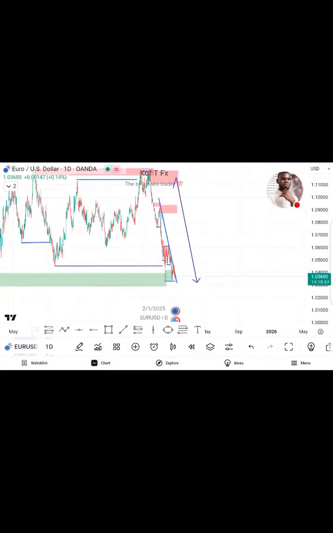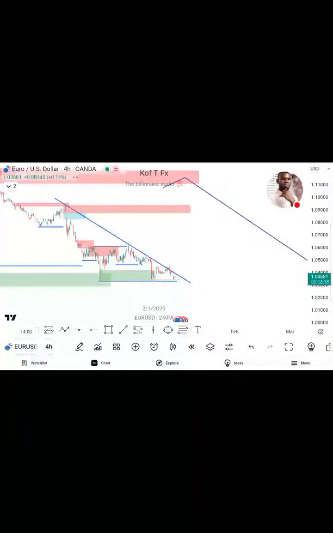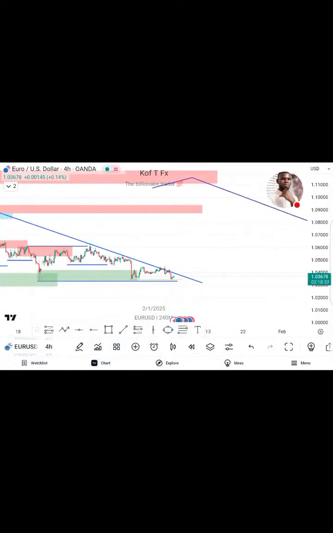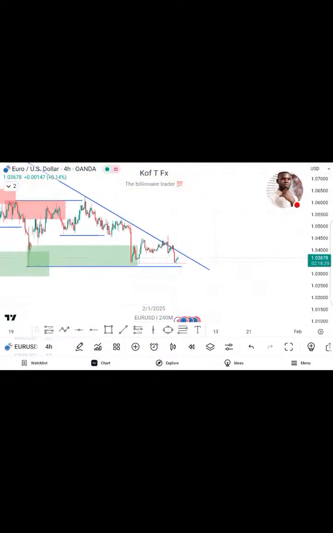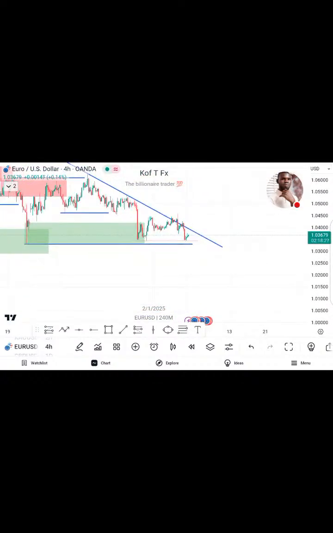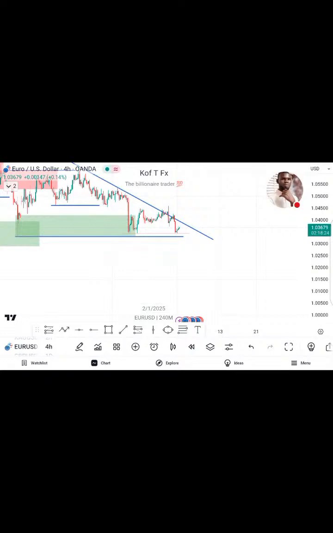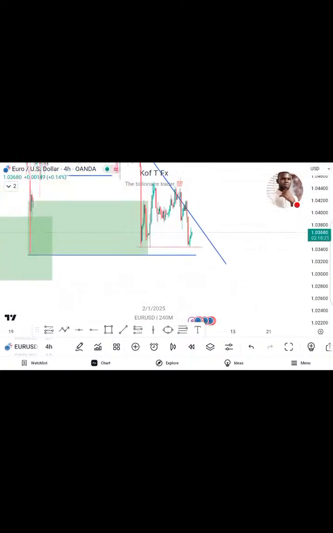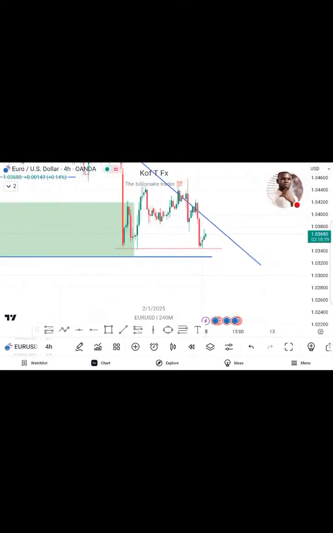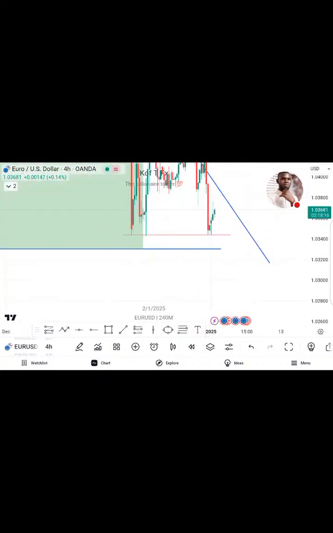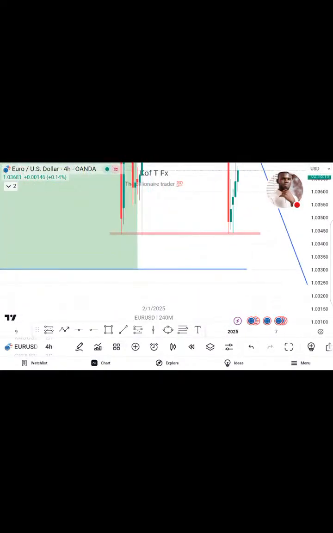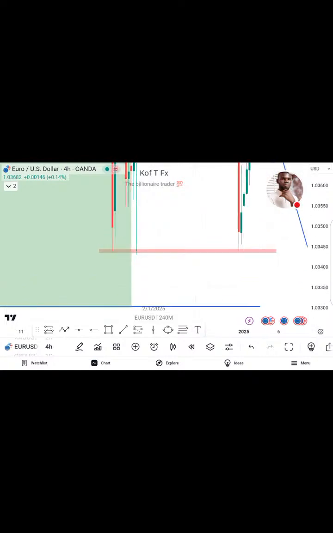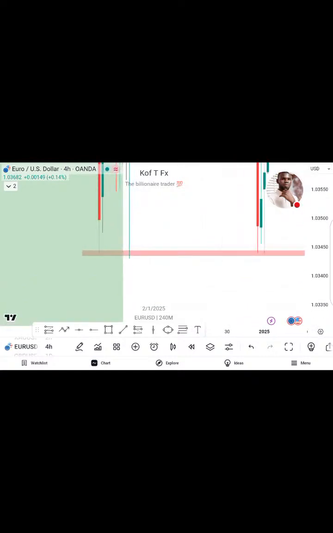So let me check the 4 hours time frame to see. Okay, this is 4 hours time frame. So let me point out something on this 4 hours time frame. Nice one. We have this liquidity gap here.